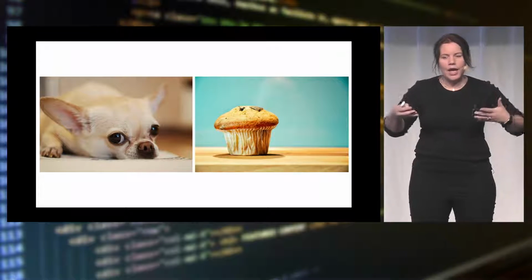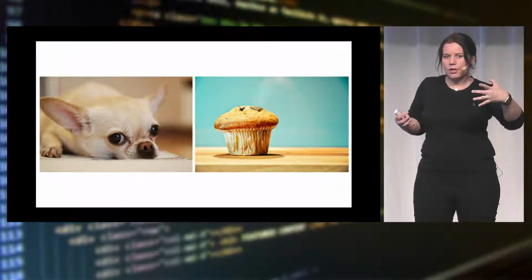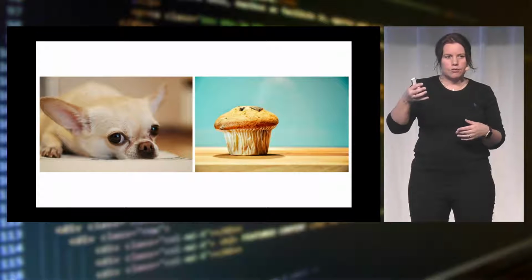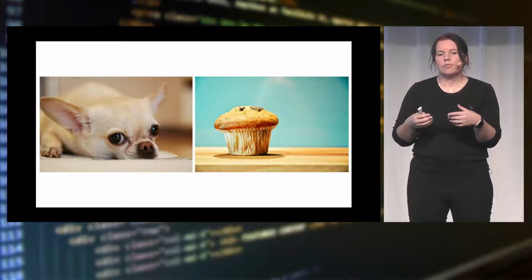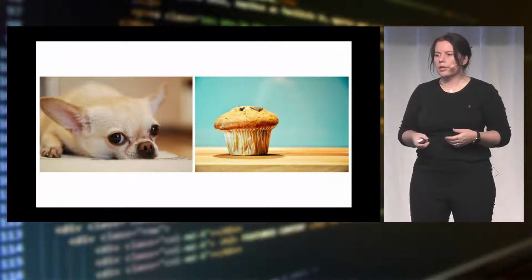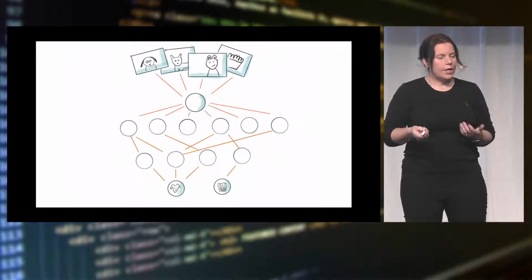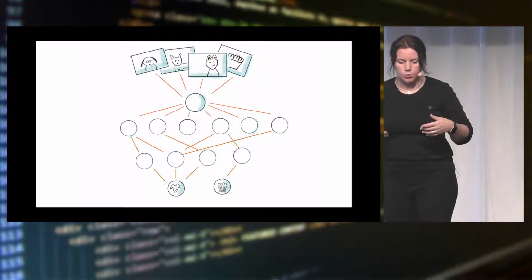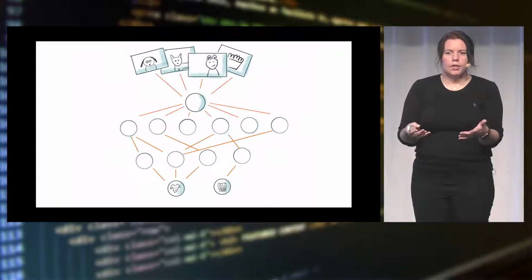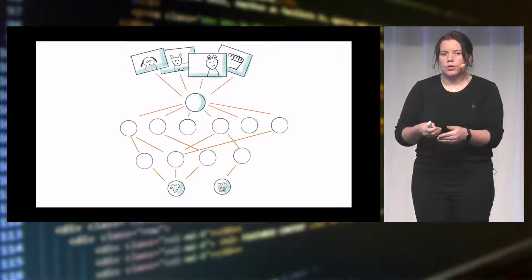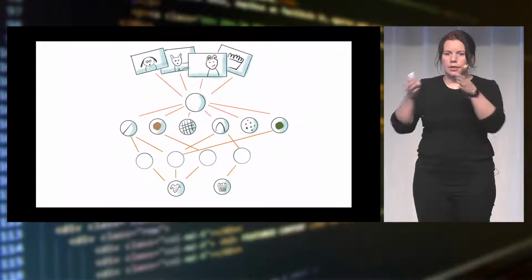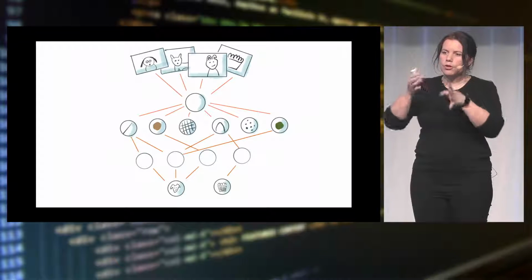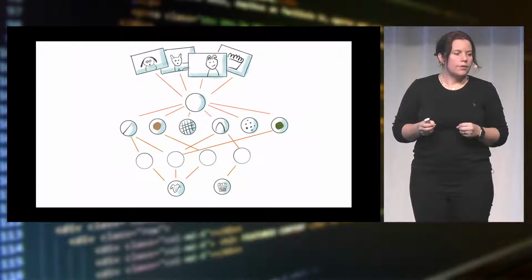So if you have a picture of a chihuahua and a picture of a muffin, or lots of pictures of chihuahuas and lots of pictures of muffins, and you want to figure out which one is which, the way that neural networks for image classification work is like this. You bring in all your images, and then it has a number of different layers, all those dots in there.